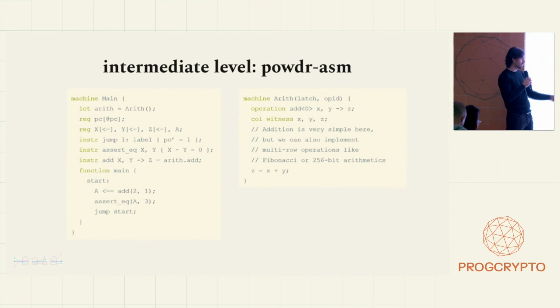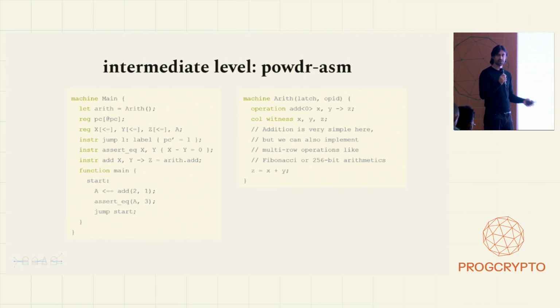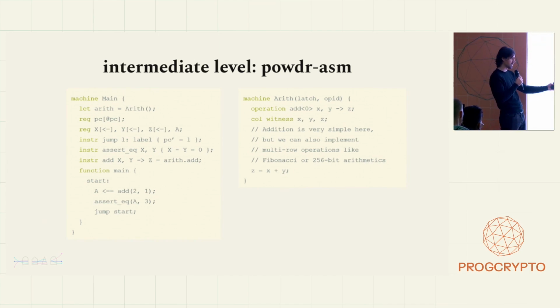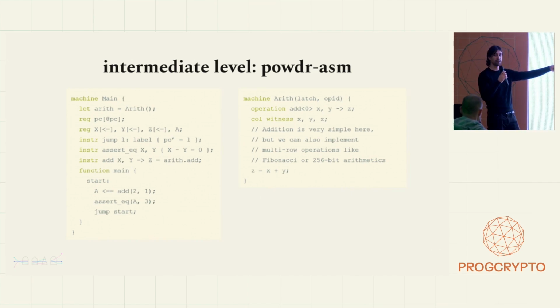And this instruction add, it's not built in. There's nothing built in. We have to define instruction add, which here we define by basically delegating it to another machine. So this is the modularity that I was talking about. So if you have a different machine that is specialized to verify a certain behavior, we can audit it separately. We can have a standard library of different components that we can use in multiple machines, in multiple VMs.